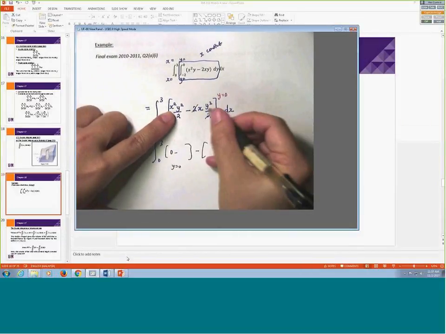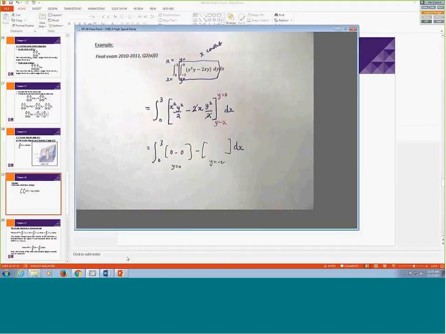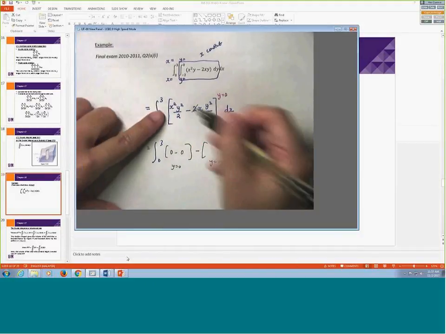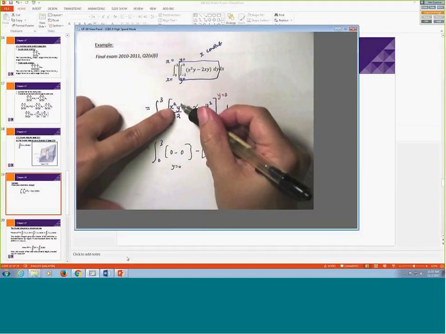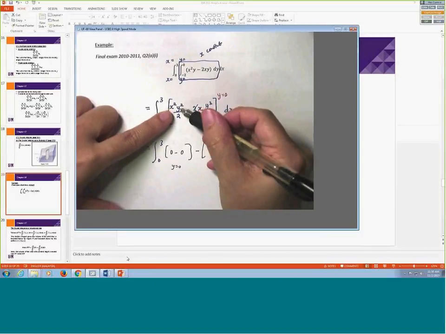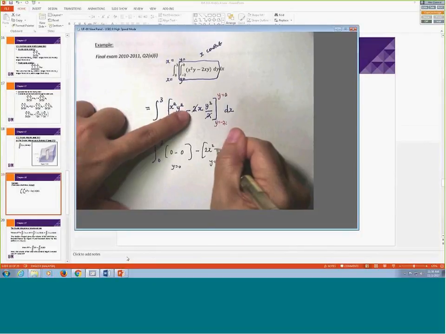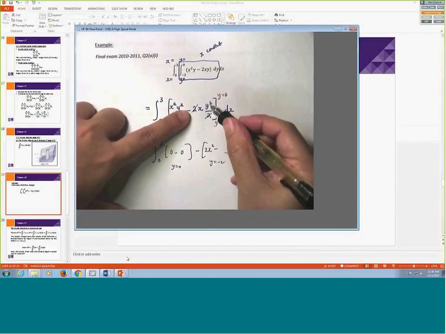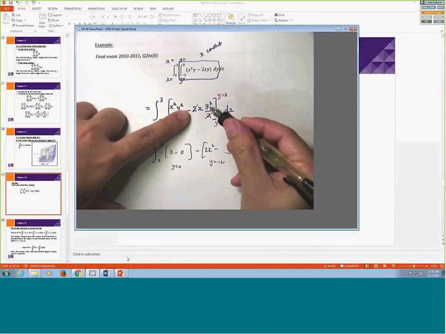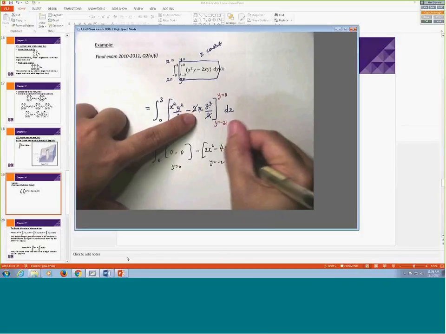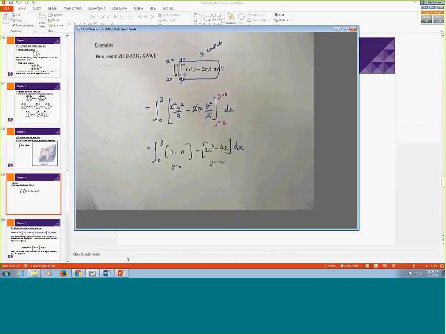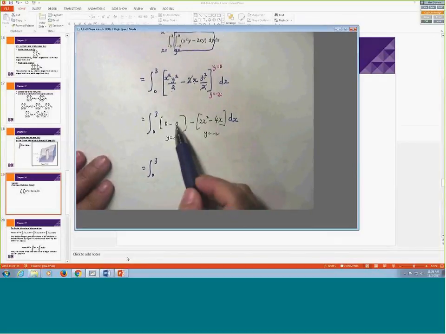When y is negative 2, negative 2 squared is 4. 4 times x squared over 2, you have 2x squared. Minus, substituting y negative 2, we get 4x. So simplifying, I have 4x minus 2x squared dx.